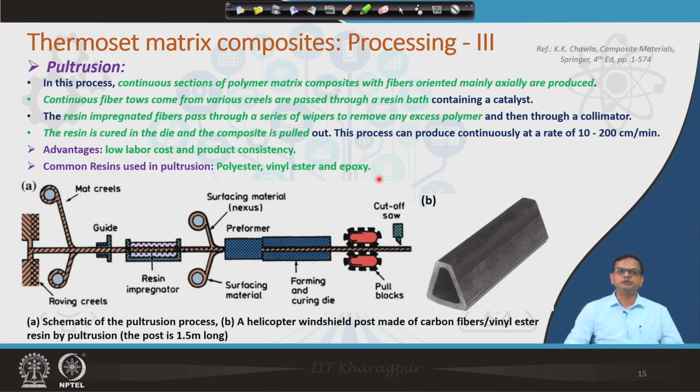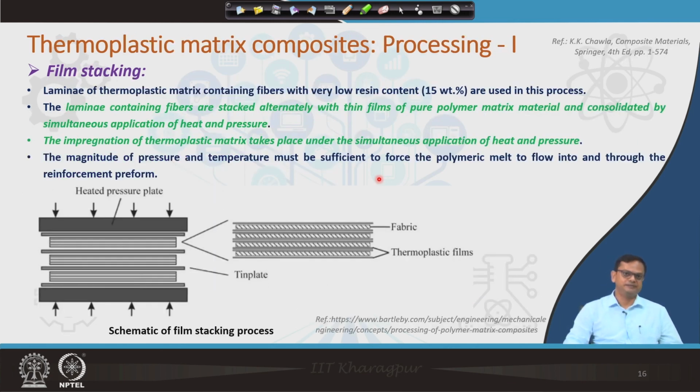Now, let us discuss a few techniques used to make polymer matrix composites, but in this case the polymers are thermoplastics. Thermoplastics means we can heat them a little bit to have better bonding. That is what you will be seeing here.